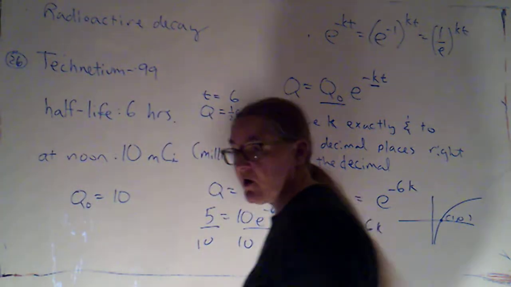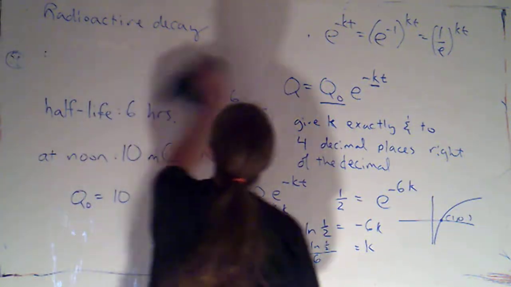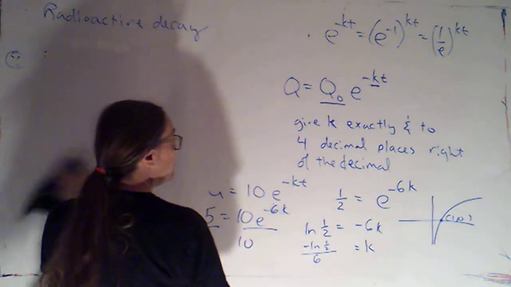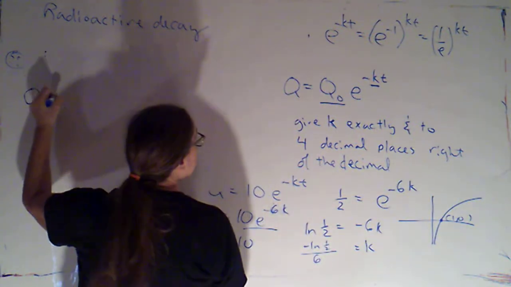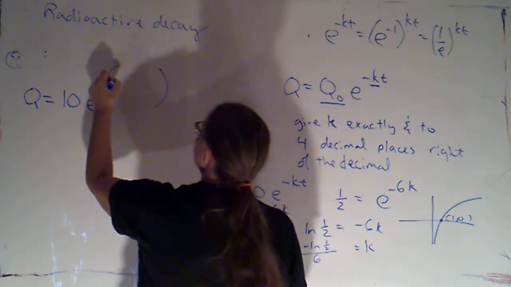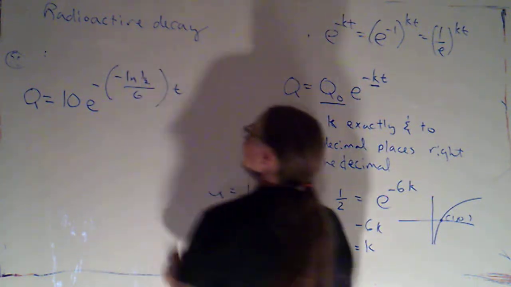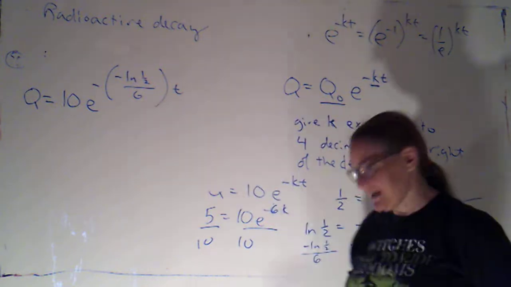So if I were to write this formula out, I asked for it exactly and then with k rounded to 4 places. Exactly it would be Q is equal to 10 e to the negative natural log of 1/2 over 6 times t, with that being my k.